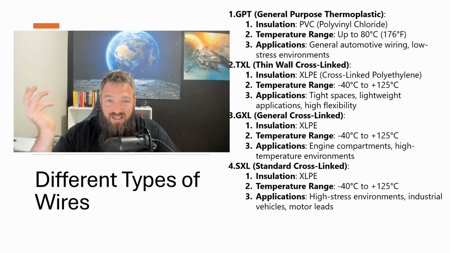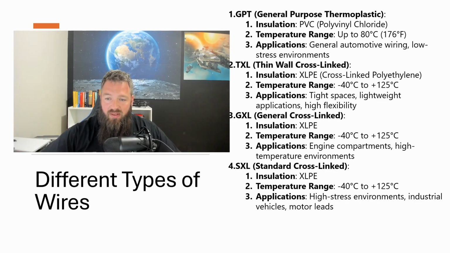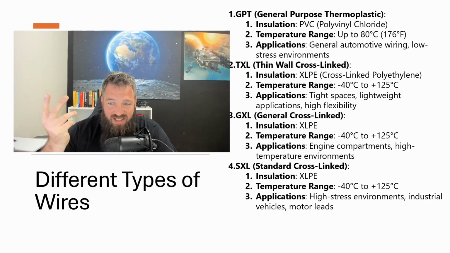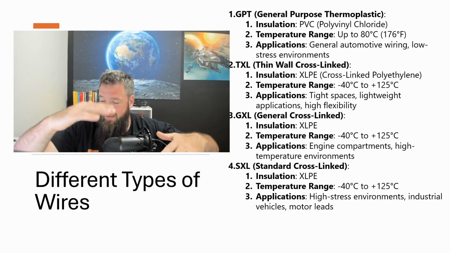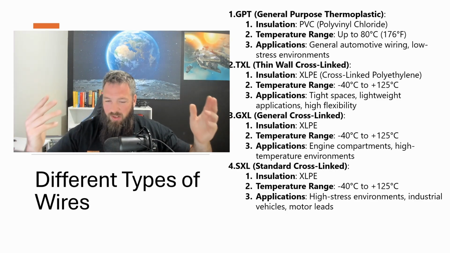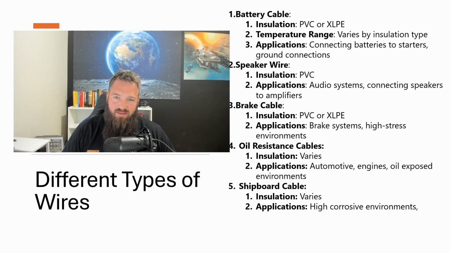It has a temperature range of -40 to 125. And so the applications for this are tight space, light applications, high flexibility. Now, all of these vary with price. So you're not going to want to use a heavy duty wire for your little Arduino project.